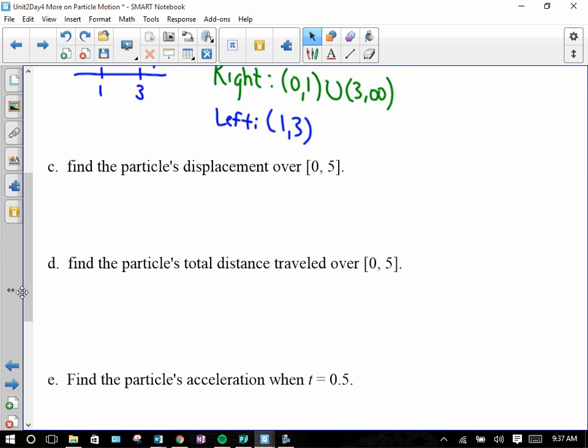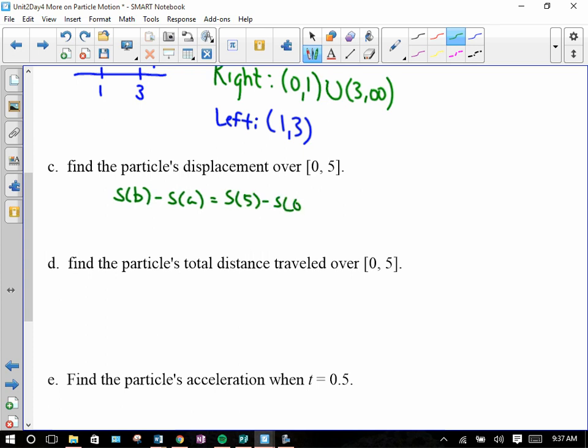You guys remember the equation for displacement? It's the final position minus the initial position. So it would be s of 5 minus s of 0.